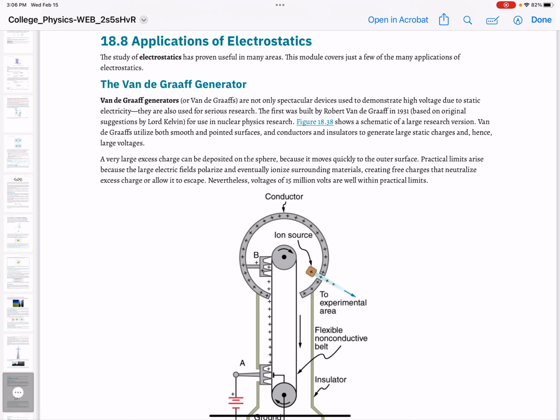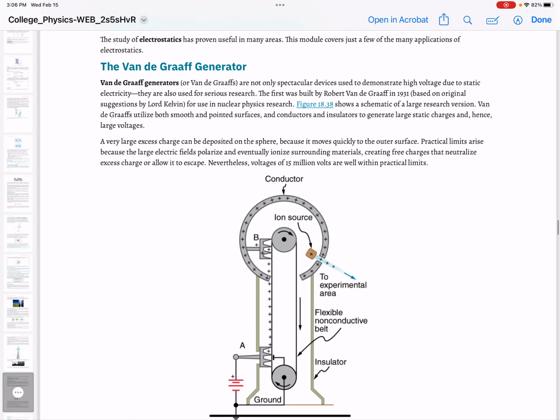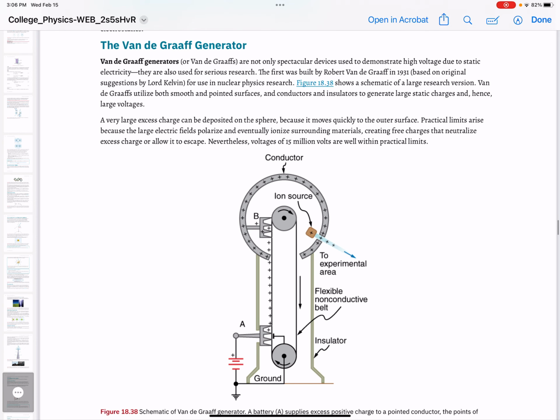Okay, so Van de Graaff, this fellow named Van de Graaff, came up with a way of generating high energy particles. What is it that we're doing with the Van de Graaff generator?